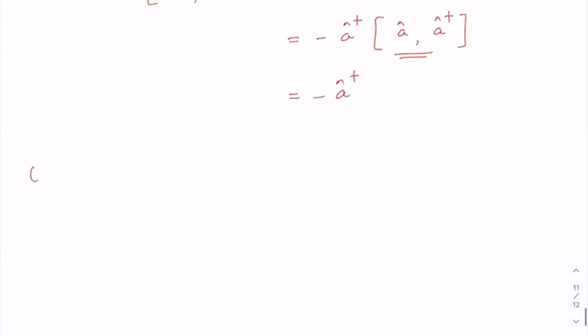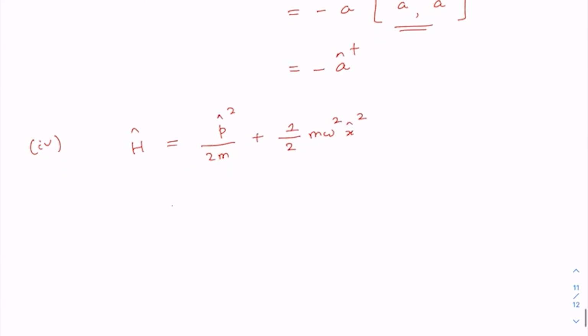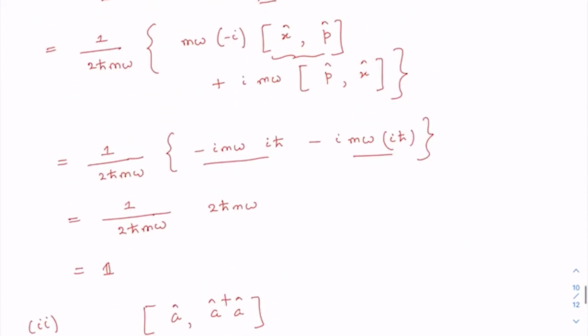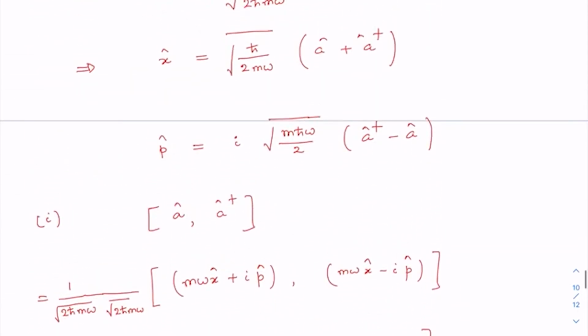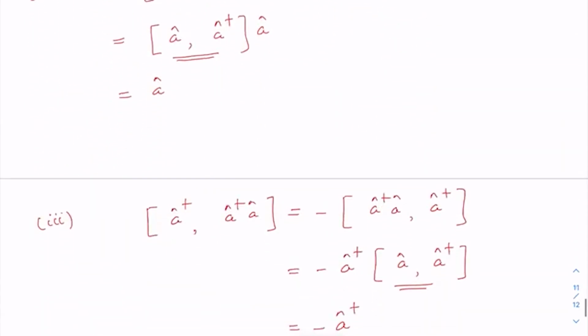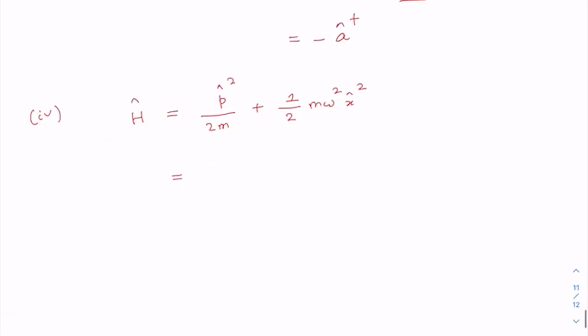And finally, in the last part of the problem, the Hamiltonian we have to express in terms of creation and annihilation operator. Hamiltonian is given as p square by twice m plus half m omega square x square. If I put the form of x and p, which is from here, I will get the first term would turn out to be minus h cross omega by 4. You can check it.